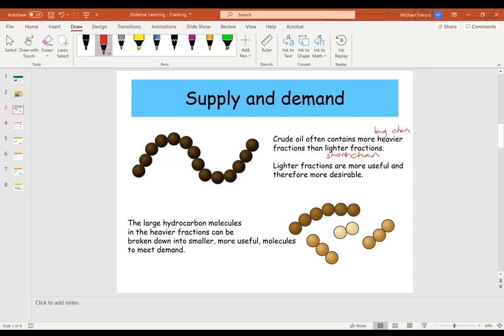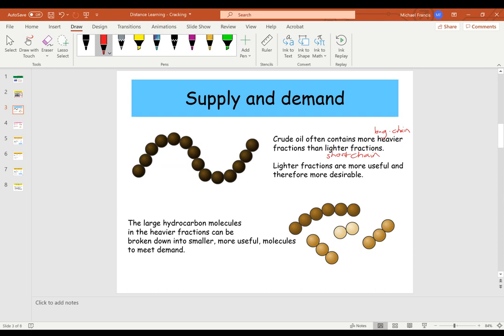We can also see that the short chains are more useful and therefore we want more of them. The demand for them is higher. The reason they're more useful is that they're much more flammable, so they're more easily burnt to produce energy, which is what we generally use the alkanes for.